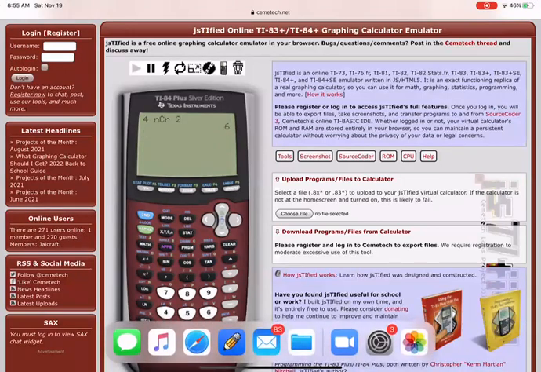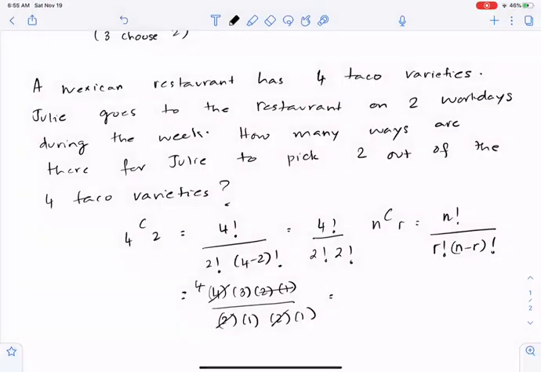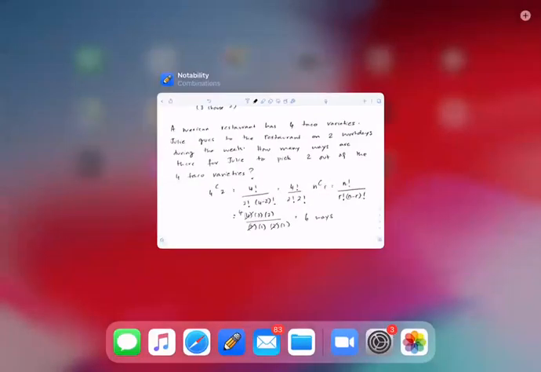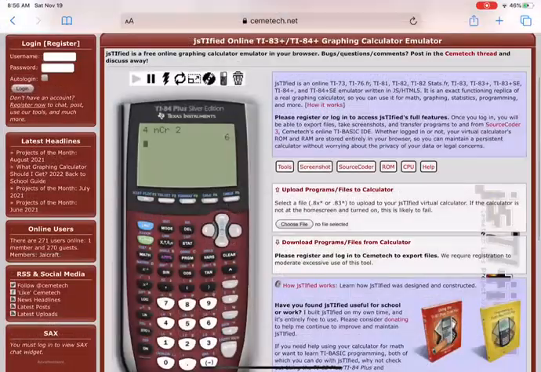Did I do bad math? I did do bad math. In my mind, that seemed pretty low, but again, I'm recovering from the flu. So blame it on that. 6 ways. And we obtain it using the calculator as 4 nCr 2.